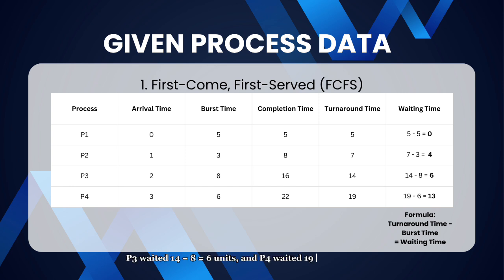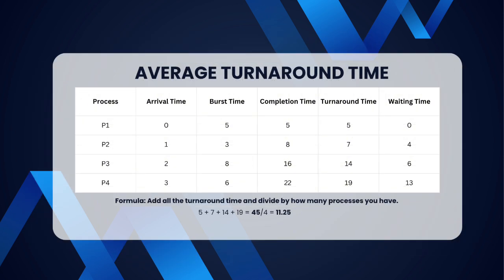P3 waited 14 minus 8 equals 6 units. And P4 waited 19 minus 6 equals 13 units. This calculation shows how the FCFS scheduling algorithm can lead to longer waiting times for processes that arrive later, especially when earlier processes have longer burst times.